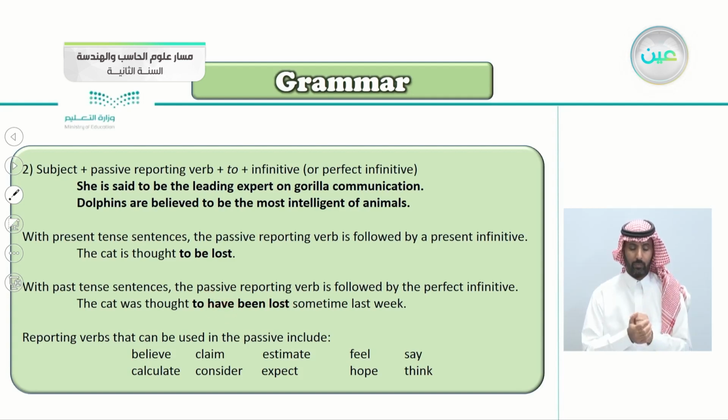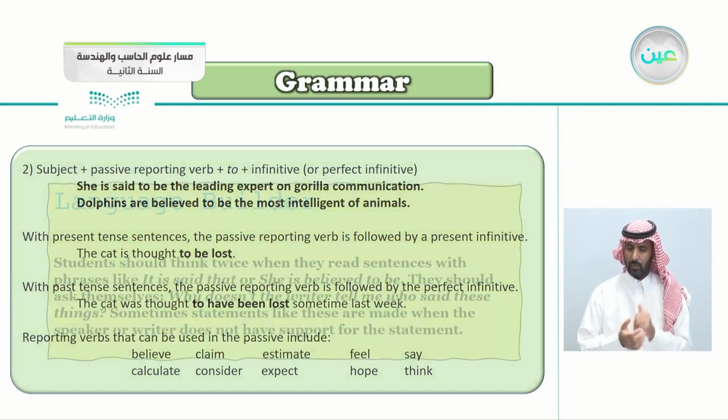That's why we have to have been lost sometime last week. So some reporting verbs here, you can say believe, claim, estimate, feel, say, think, hope, expect, consider, and calculate. So you say it is believed, it is claimed, it is estimated, it is felt, and so on.